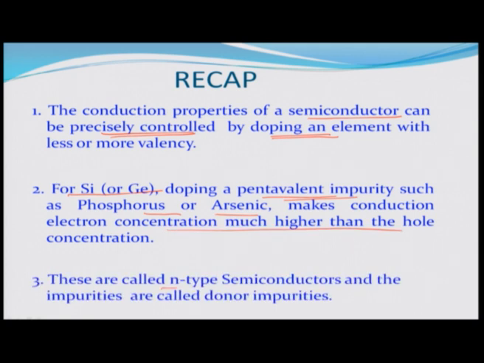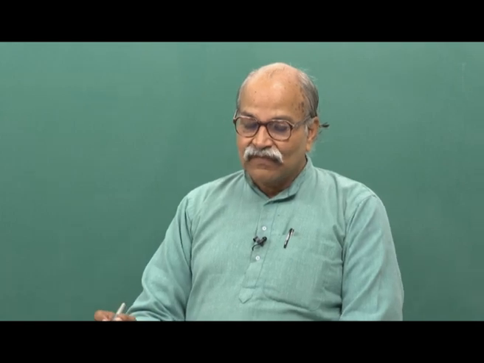These are called N type semiconductors. N stands for negative. Why negative? The majority charge carriers are electrons, conduction electrons, and they have negative charge. Therefore, they are called N type doped semiconductors.